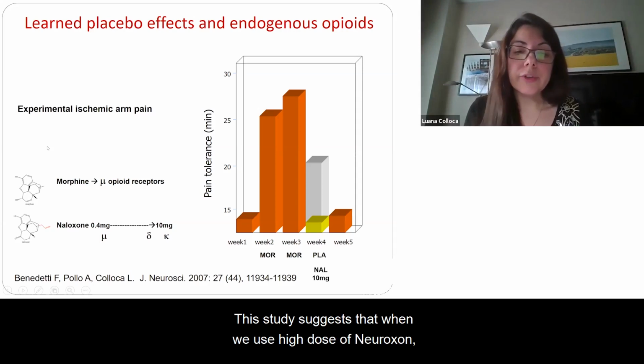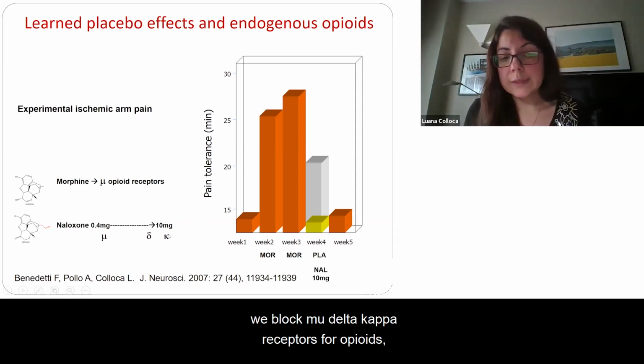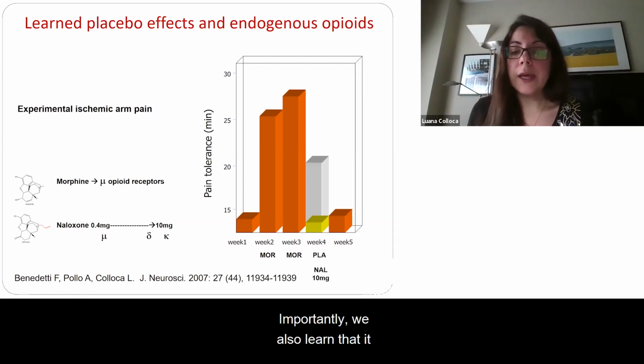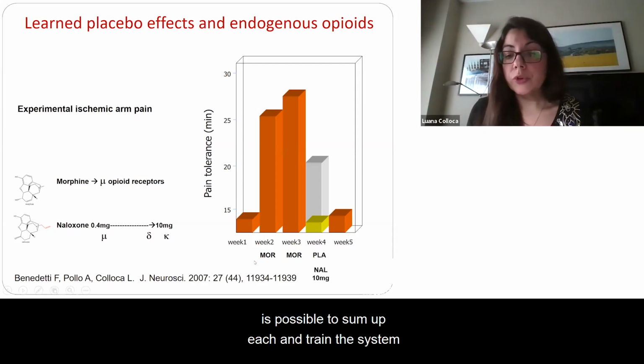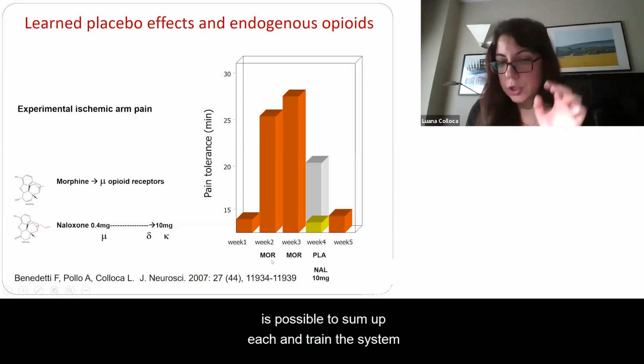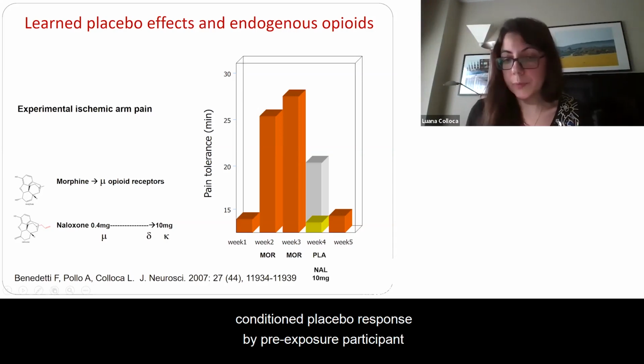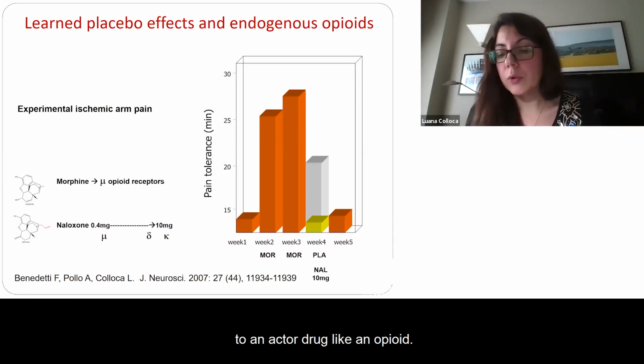This study suggests that when we use a high dose of naloxone, we block mu, delta, and kappa receptors for opioids, and we reverse placebo analgesia. Importantly, we also learn that it is possible to somehow teach and train the system to produce a morphine-like response that we can call a conditioned placebo response, by pre-exposing participants to an active drug like an opioid.